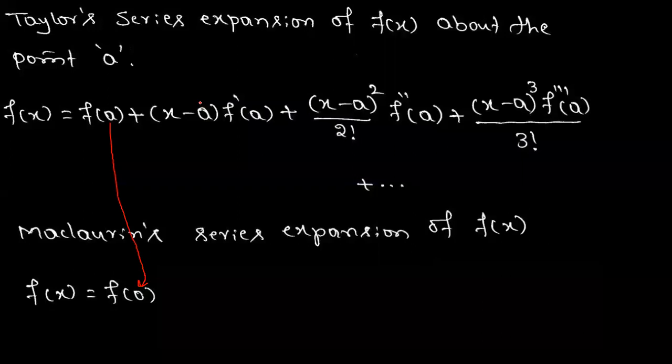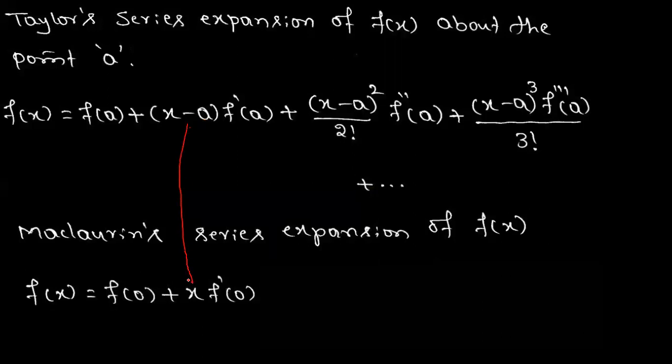This is the thing we are going to do throughout in the Taylor series to obtain Maclaurin series. That means wherever a is there, make it 0. Wherever a is there, make it 0. In the Taylor series, you will get Maclaurin series. So this x minus a has become just x because x minus 0 is x. And f dash of a has become f dash of 0.